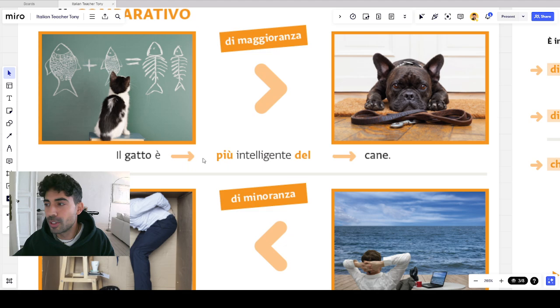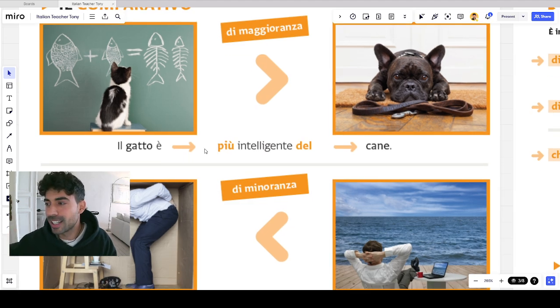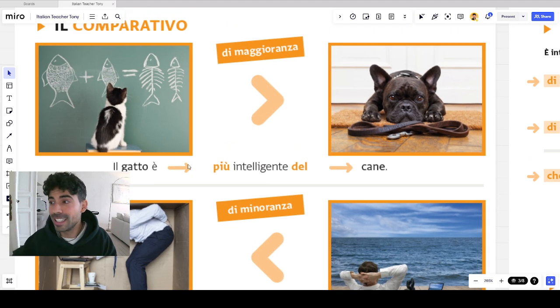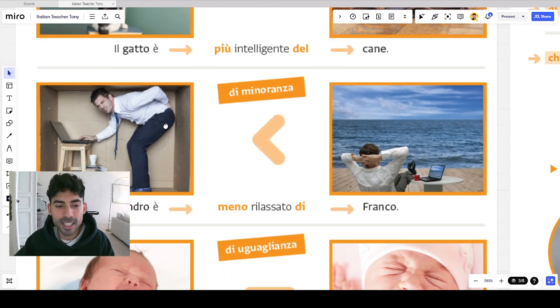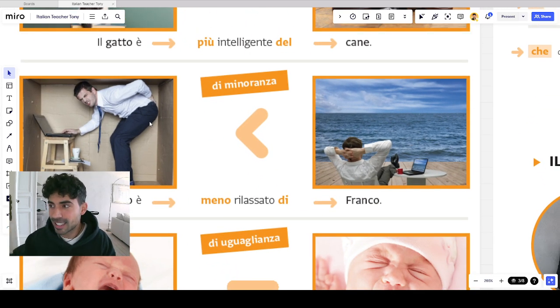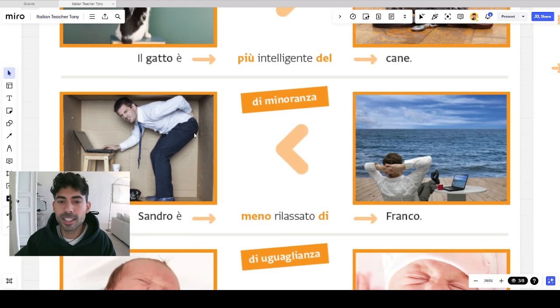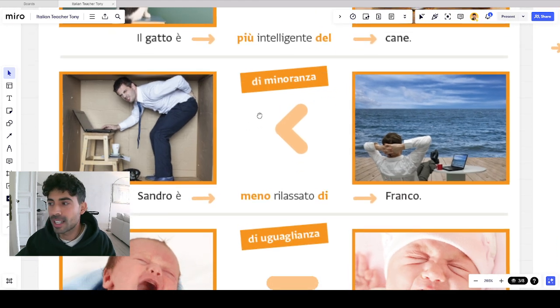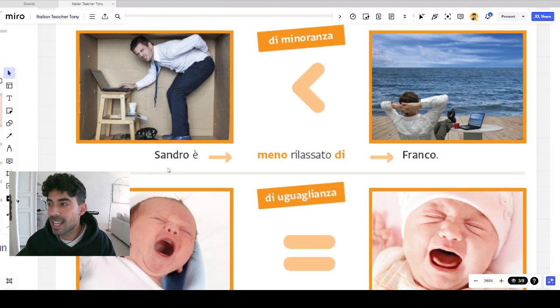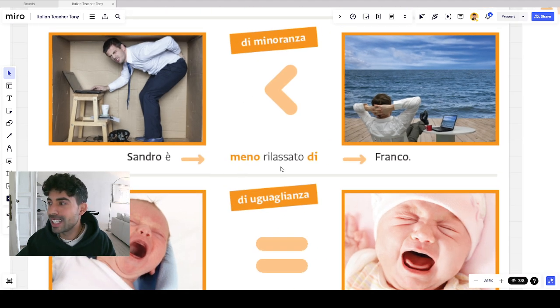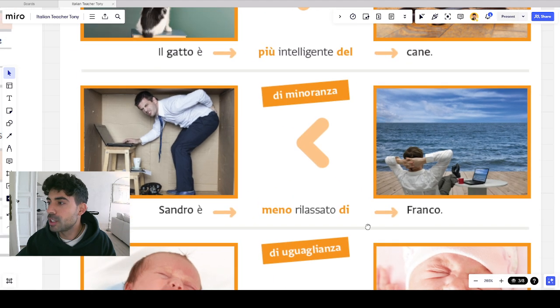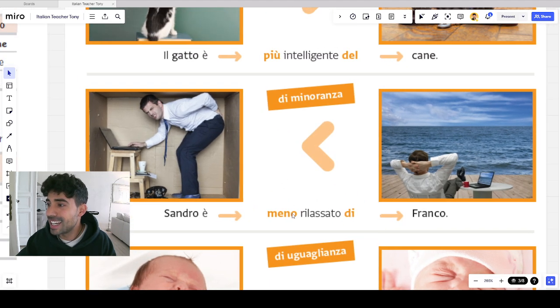This comparativo in which we are saying more clever or more intelligent is called di maggioranza because there is more in it. When we want to say less, in Italian it's called comparativo di minoranza. For example, we have Sandro è meno rilassato di Franco, which means Sandro is less relaxed than Franco.